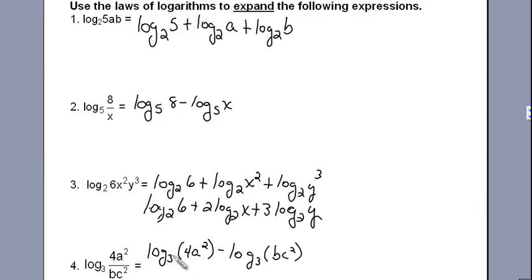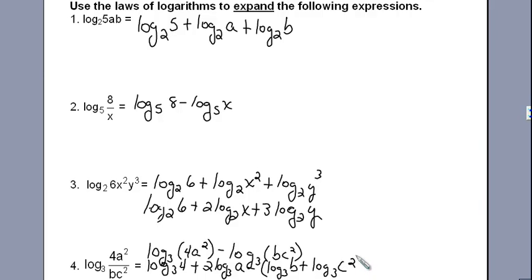Now we're going to need to expand each of these things. So that's going to be log base 3 of 4 plus, and bring the 2 in front, so it's 2 log base 3 of a, minus log base 3 of b, and it's a product, so it's plus log base 3 of c squared.